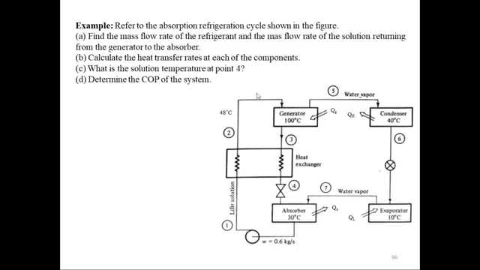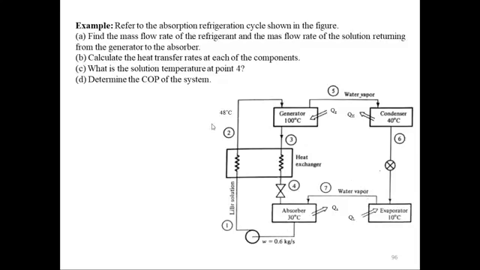This numerical reads: refer to the absorption refrigeration cycle shown in the figure. So this is the figure. If you look at the figure, the temperatures of the four containers are the same: the evaporator is 10 degrees, the absorber is 30 degrees centigrade, the generator is 100 degrees, and the condenser is 40 degrees centigrade. It is the same as we had last time.